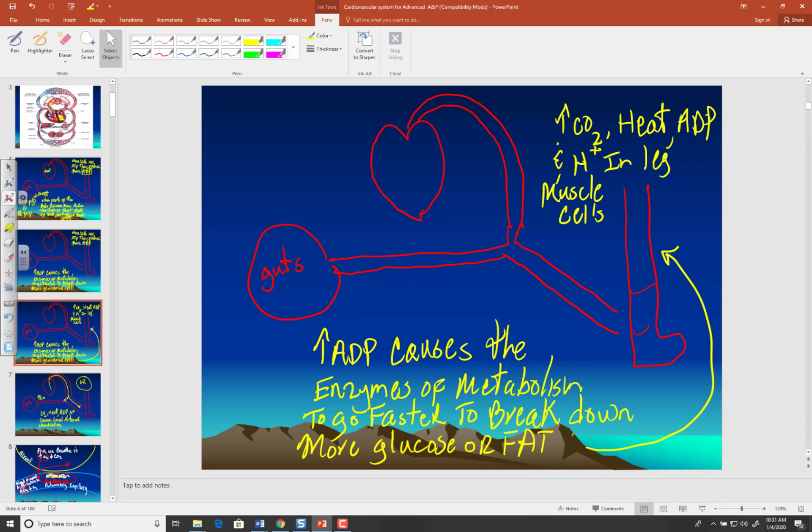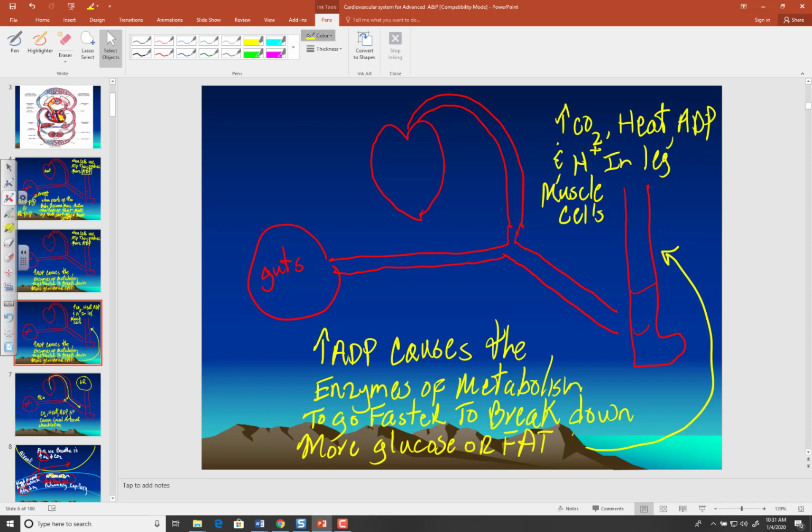The fuel that's most readily available. And when you increase metabolism, you increase the byproducts of metabolism, which are CO2, heat, ADP, and hydrogen ions in those leg muscle cells. We also know that as you increase metabolism, you got to get more oxygen there.